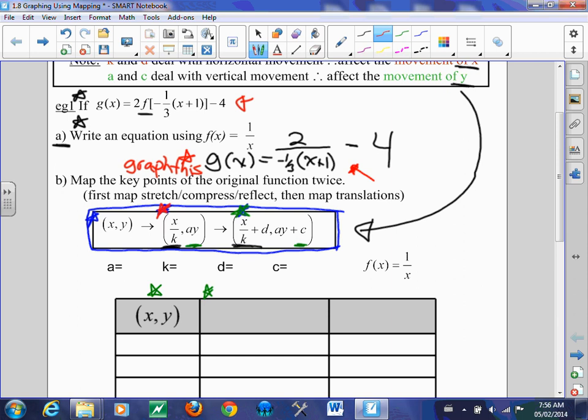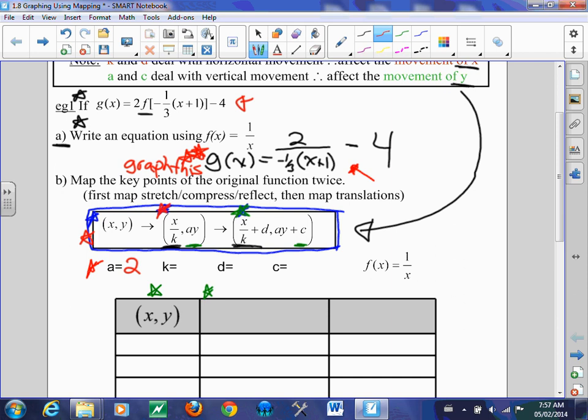All right, now let's go over how the heck we deal with this mapping sequence, okay? The first thing I always do whenever I get a transformation to perform, I always take a look. What's my A, K, D, and C? So looking at my equation in A up here, I'm going to fill in this spot right here. You should recognize that A equals 2.